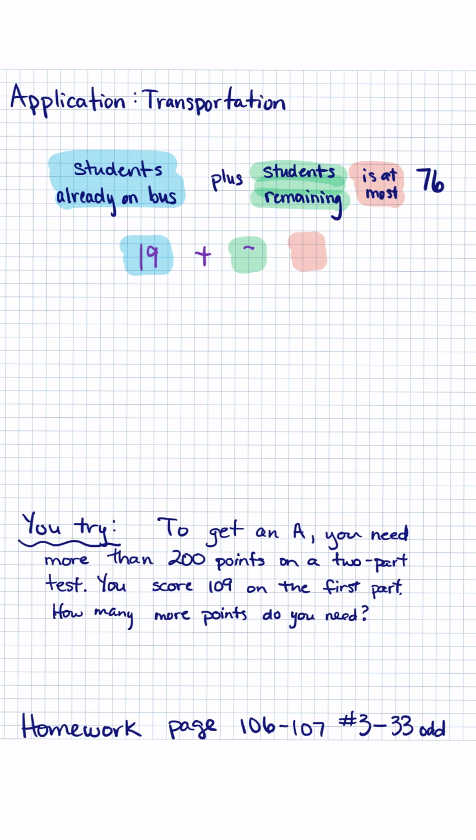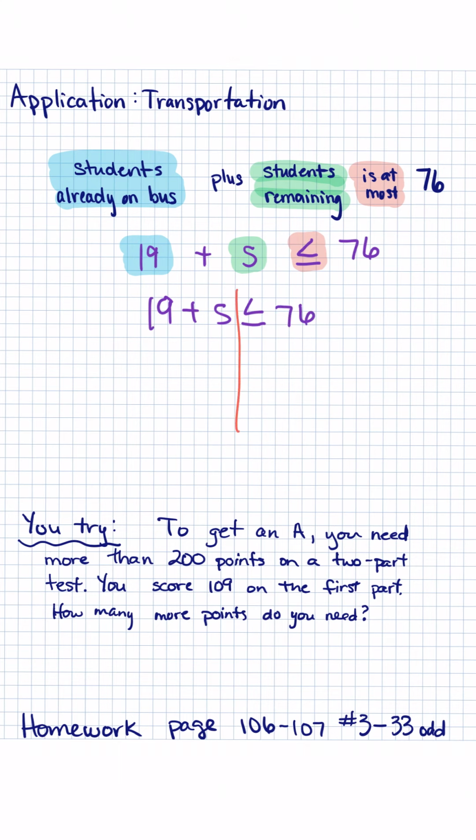We don't know how many students could still go on. And the most it can have is 76, so it has to be less than or equal to 76. So this is our inequality: 19 plus s is less than or equal to 76.